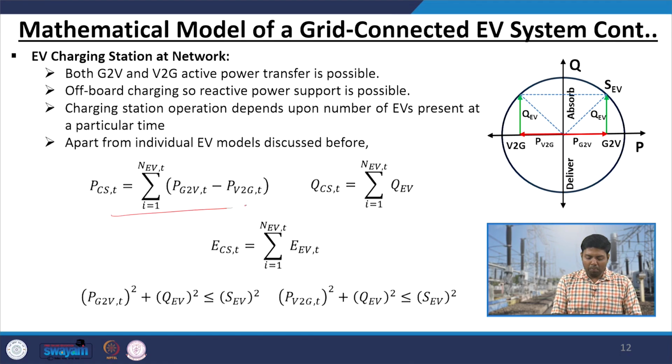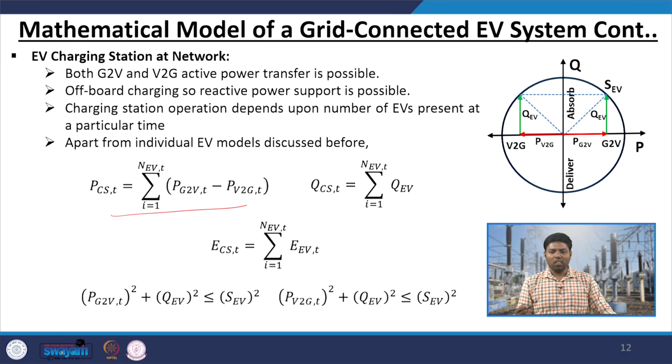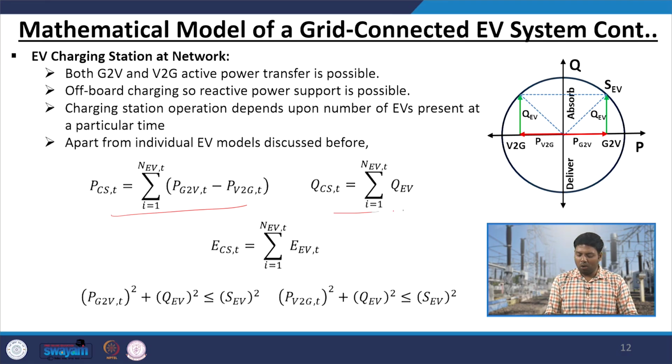So, the total power needed at the charging station is the summation over how many electric vehicles are parked or present in the charging station, and then how much reactive power you can take from each individual. The total energy level of the charging station is the summation of the energy level of each and every car.